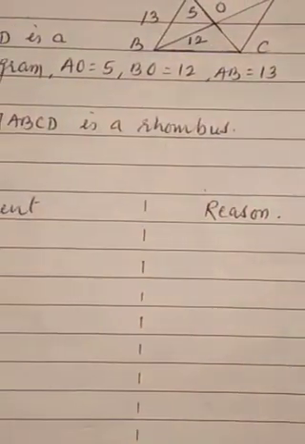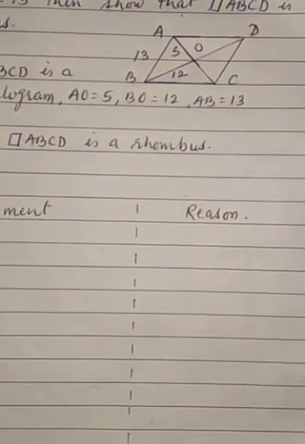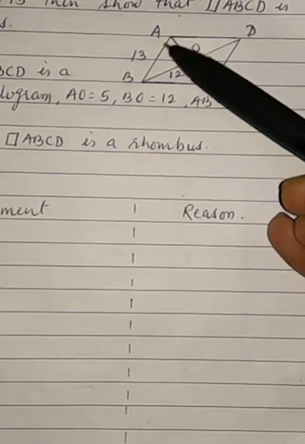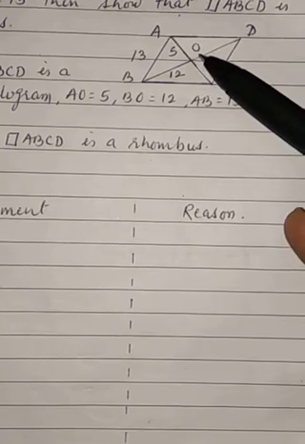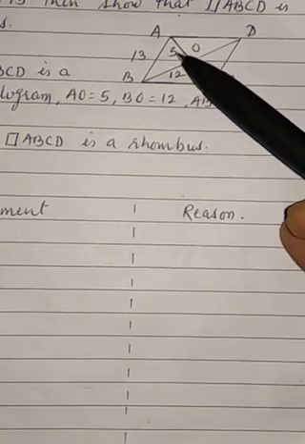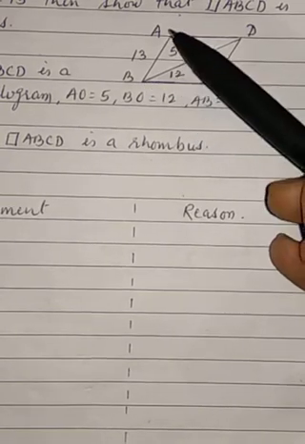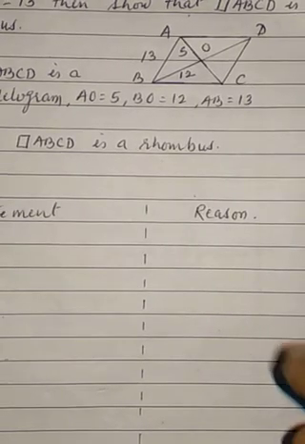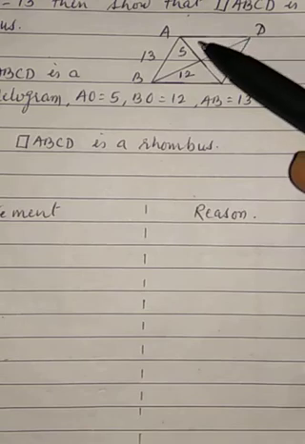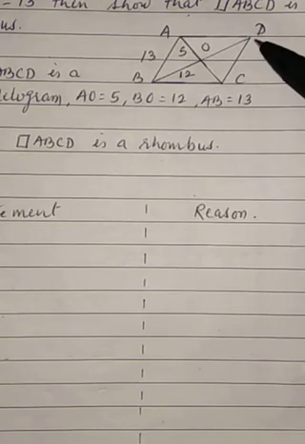Now let's see what is given to us. We have made here parallelogram ABCD, diagonals AC and BD intersect at O. Now AO is given as 5, BO is 12 and AB is 13. Now using this data, we have to prove that this parallelogram is a rhombus.